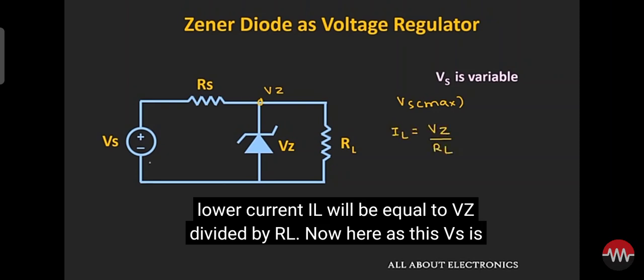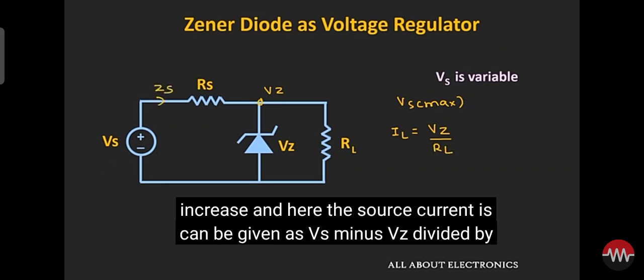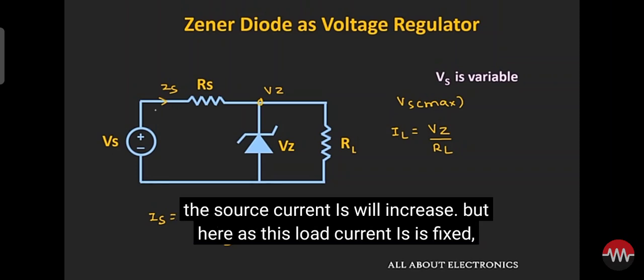Now here, as this Vs is variable, so as we increase the supply voltage, then the source current Is will increase. And here the source current Is can be given as Vs minus Vz divided by Rs. So from the expression we can say that as the value of Vs will increase, the source current Is will increase.